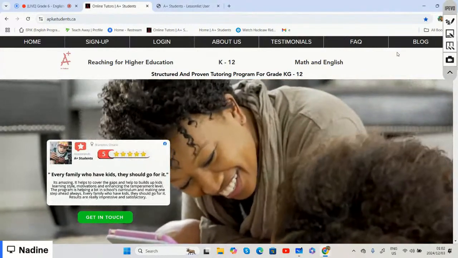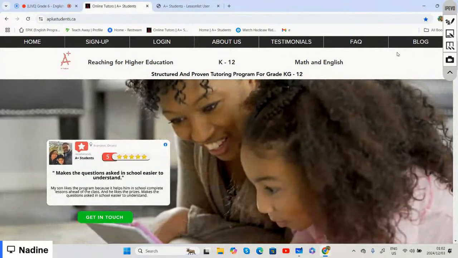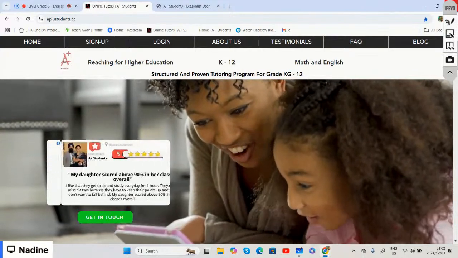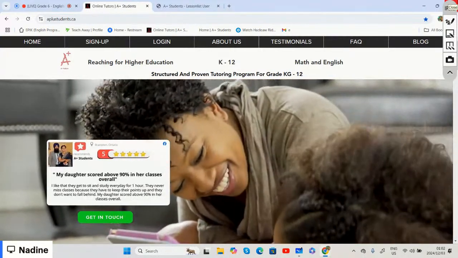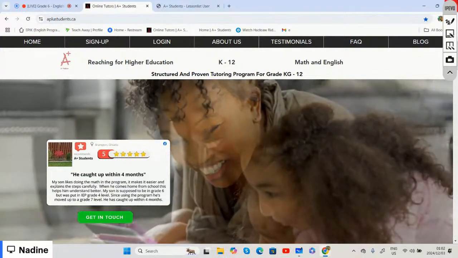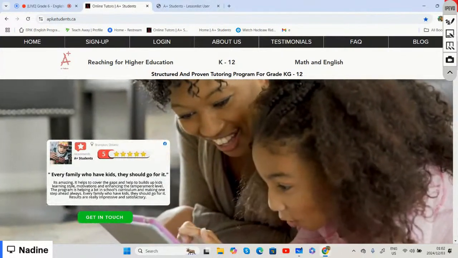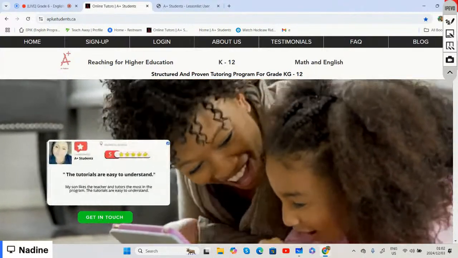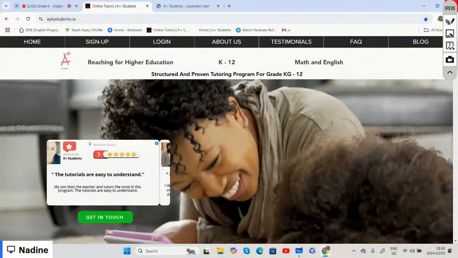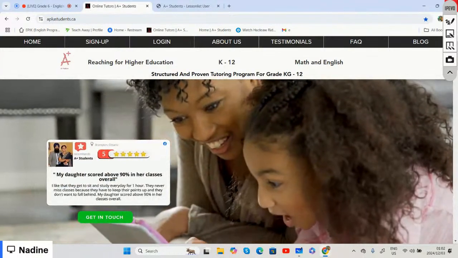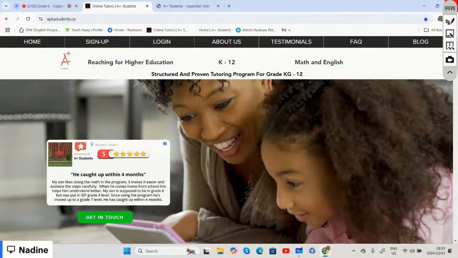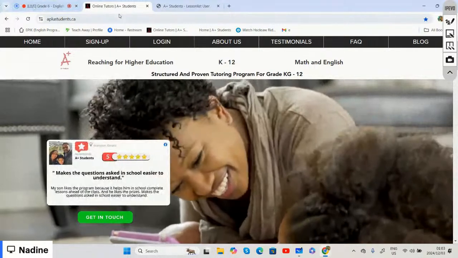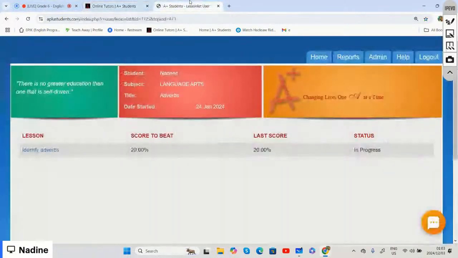Once you've logged on to aplusstudents.ca with our username as well as our password, and then we're going to select the subject of English language arts. We're doing grade 6. And then we're going to scroll down up until we get to our chapter of adverbs.